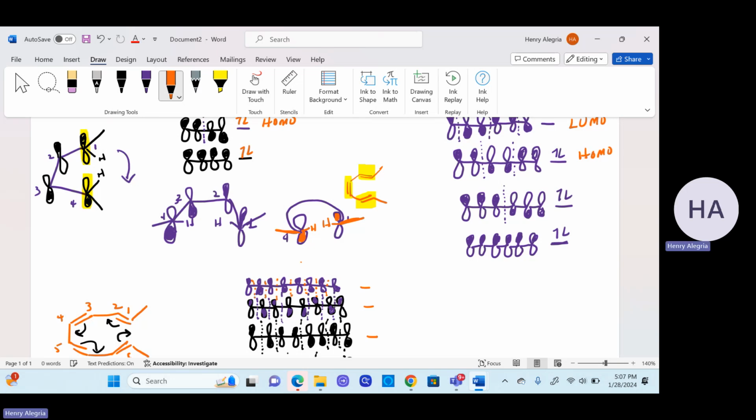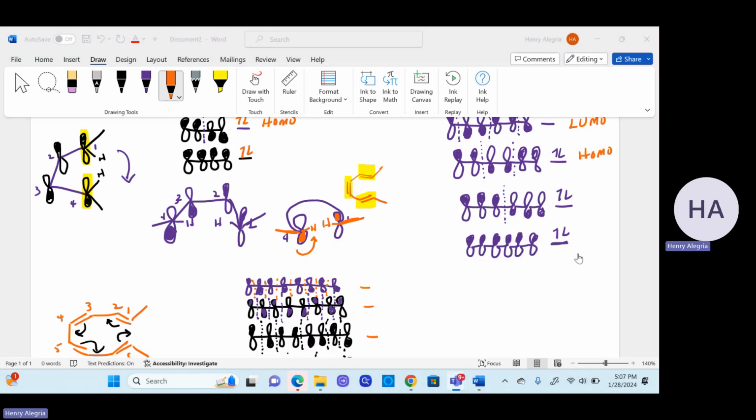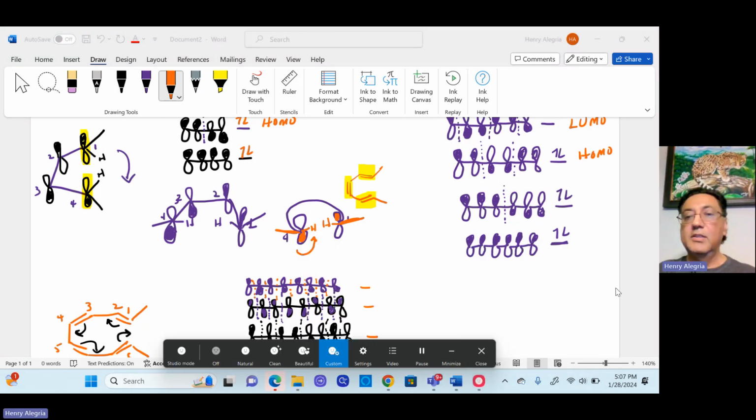Now, for there to be a sigma bond, the 2 shaded or the 2 unshaded have to match. So I'm going to rotate the number 4 here clockwise. So let me go ahead and turn this on to say, this is what we're saying. The orbital is up and down, unshaded up, shaded down.